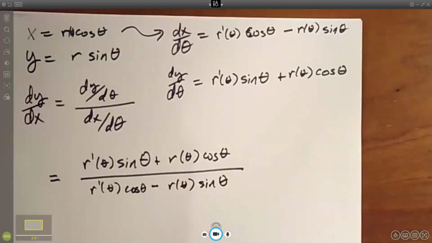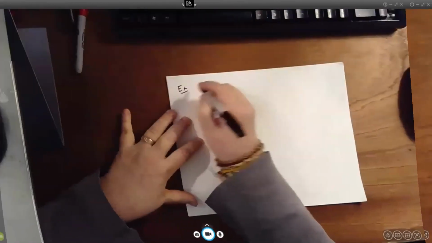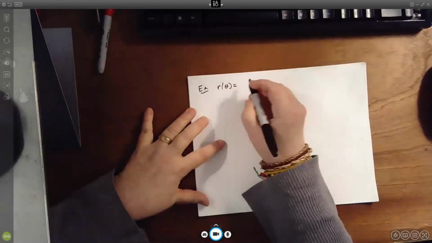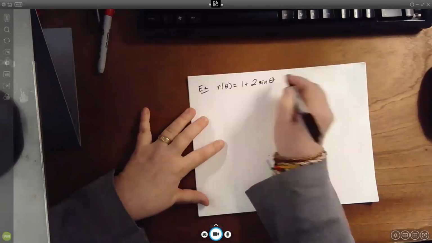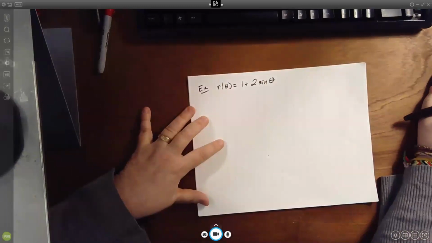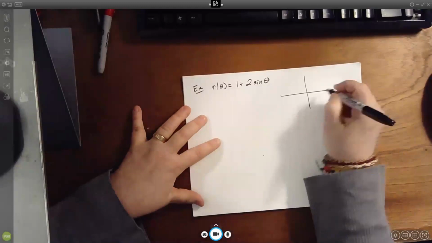So what can we do with this? Okay, well, let's try to find some derivatives. Let's say r of theta is equal to 1 plus 2 sine of theta. Now, if we were to graph that, we know we would have what we affectionately have been calling a loop-de-loop.